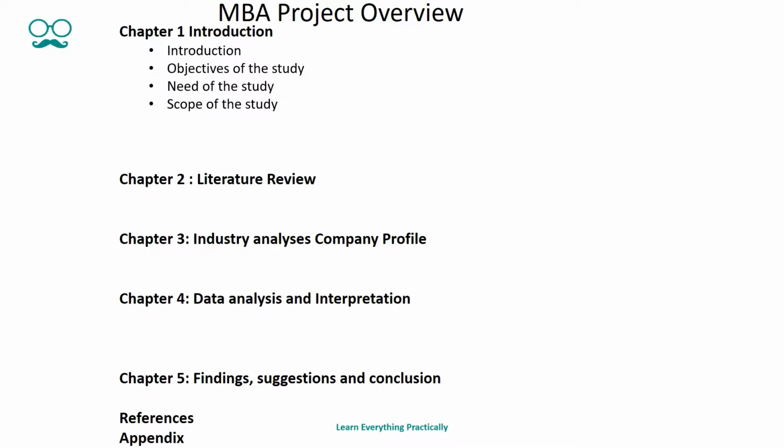It can be multiple things, like geographical scope, psychological scope, age group scope, or industry scope. And then limitations of the study: to whom it is limited, where it is limited, and until when it is limited.